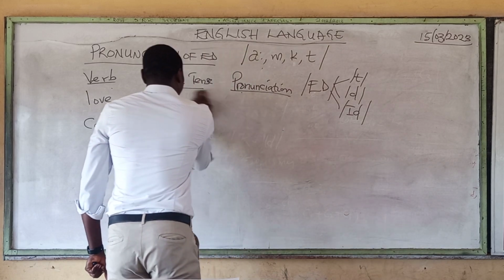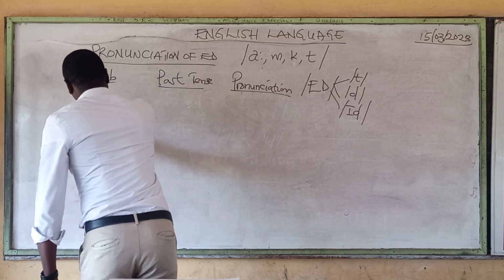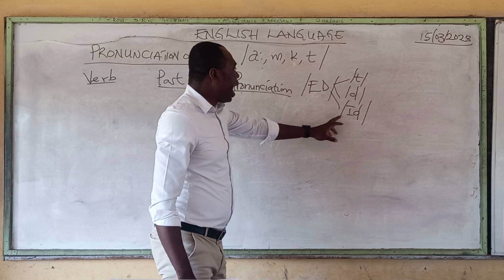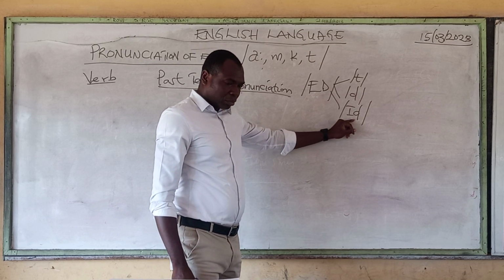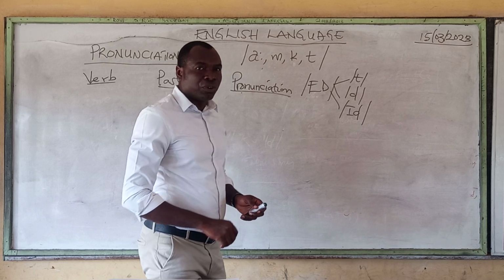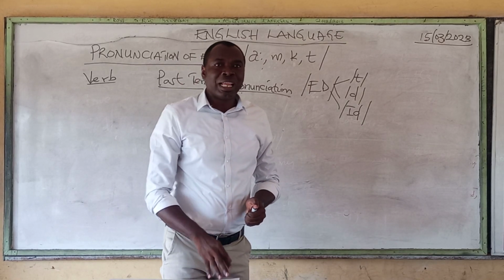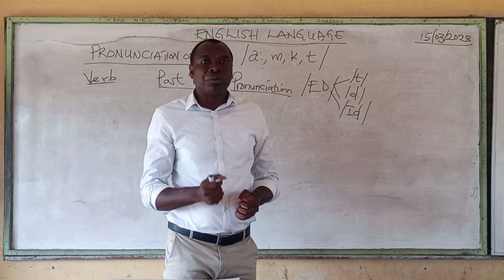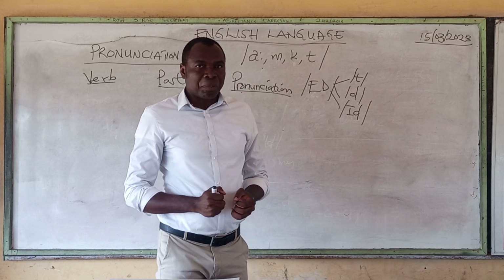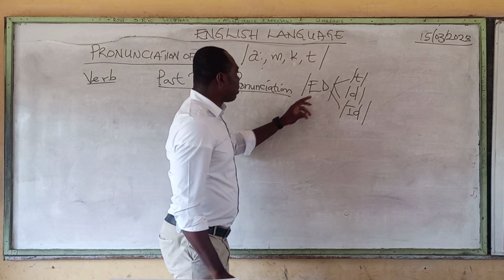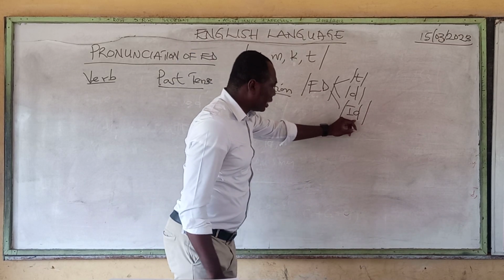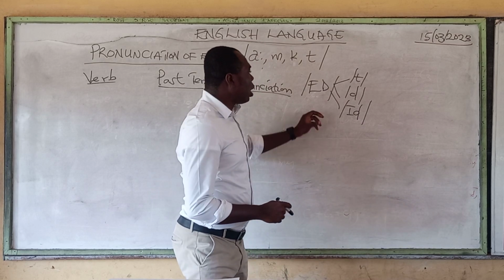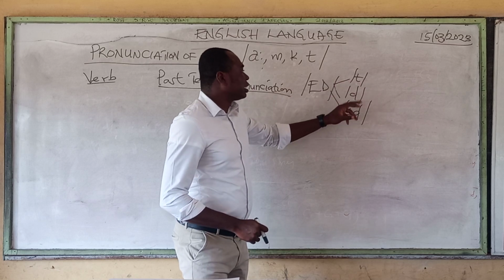Now, let's look at the last condition, in which ED can be pronounced as id. ED can be pronounced as id when the verb is ending with the sound t or the sound d. I'm saying it again. ED can be pronounced as id when the verb is ending with the sound t or the sound d.